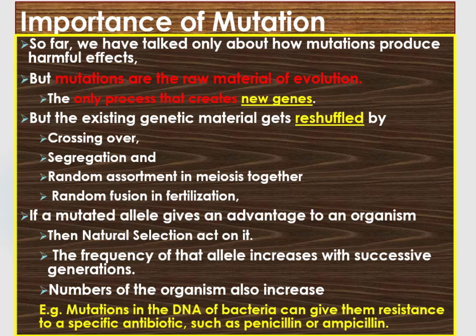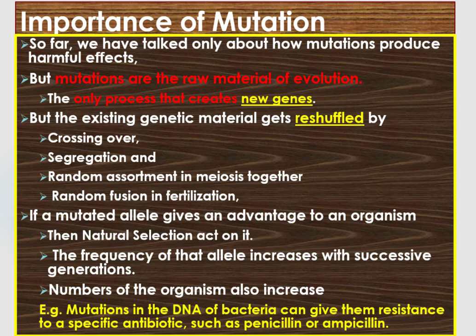Because mutation is the only process that can create new genes, which is important for the evolution of organisms on Earth. But the other processes like crossing over, segregation, random assortment, and random fusion simply reshuffle the existing genetic material.